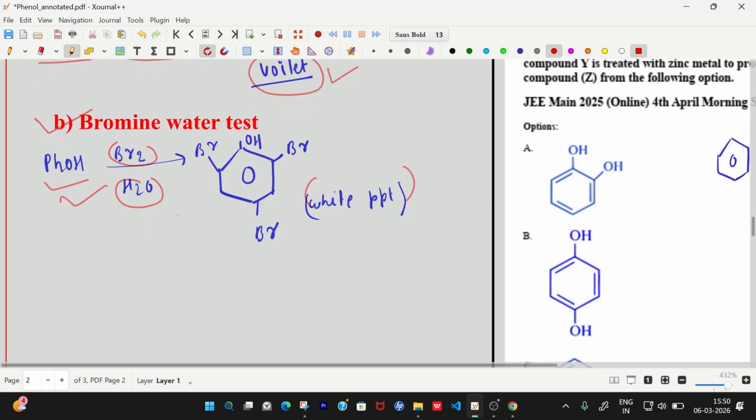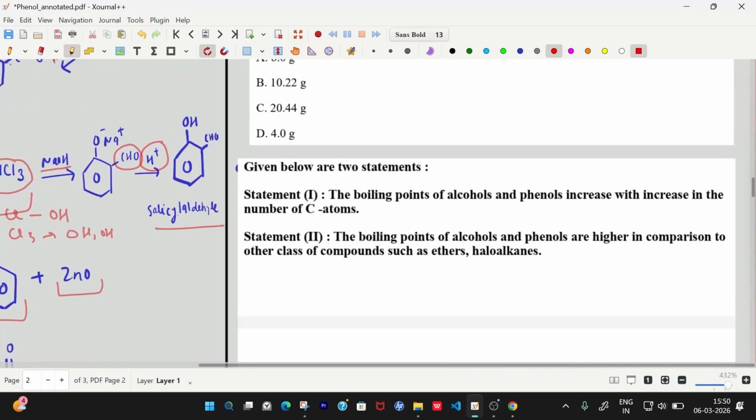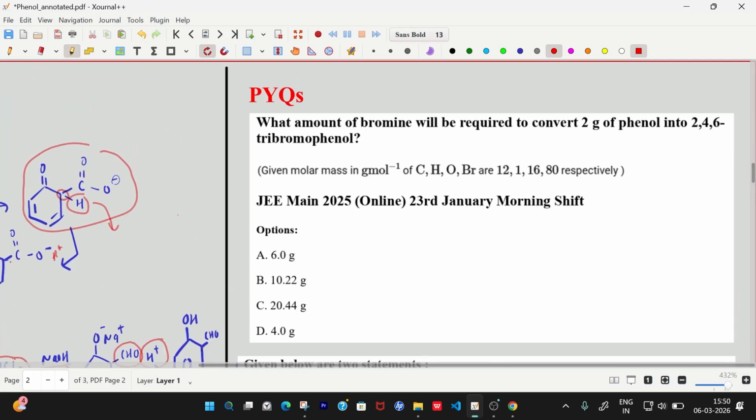So let's proceed to the question part for more confidence in this subject. The first PYQ, from JEE Mains 2025, is: what amount of bromine will be required to convert 2 gram of phenol into 2,4,6-tribromophenol? So we have a reaction like this.